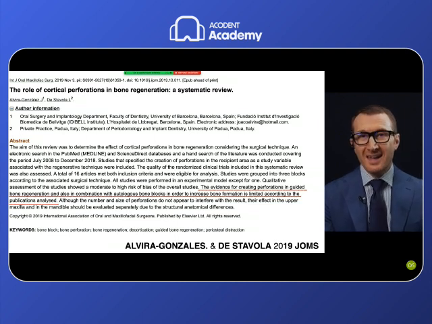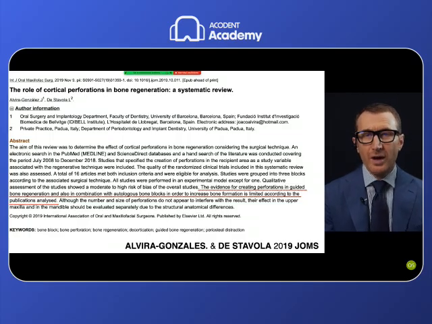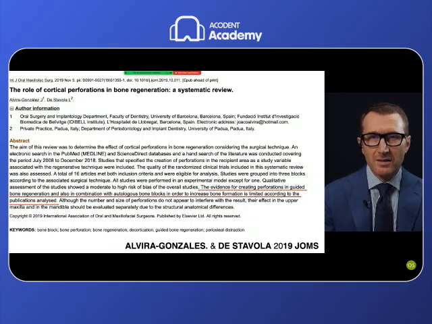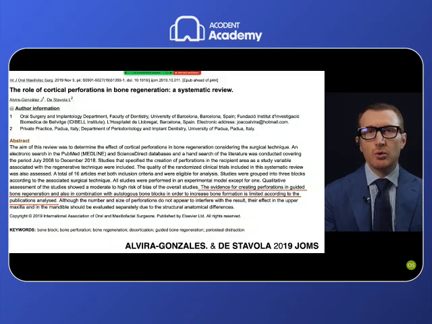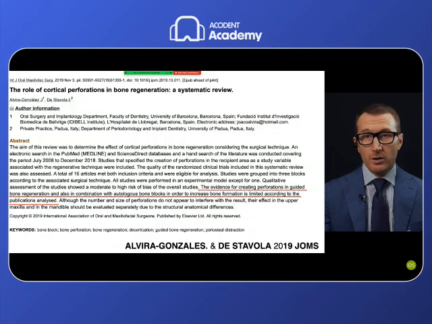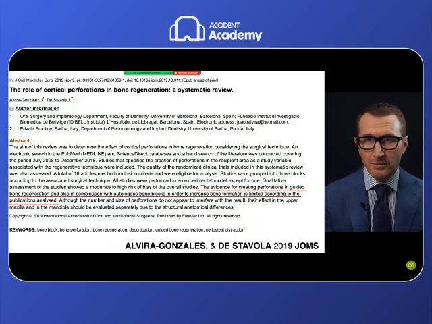What we must have anyway is a coagulum. So if you have a recipient site that is not bleeding, we must traumatize this recipient site to improve the bleeding process, because if we have a bleeding process, then we are going to have a blood clot in that area, which is the real graft material.